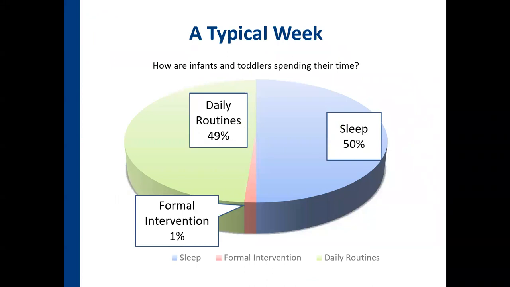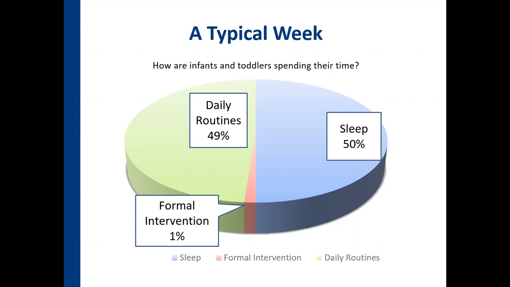This pie chart provides some insight into why our work in the Birth to 3 program focuses on building the capacity of parents and other caregivers. Infants and toddlers spend the majority of their time with their parents and other caregivers, such as child care providers. Approximately 49% of infants and toddlers' time is spent with their daily routines, such as eating or playing.